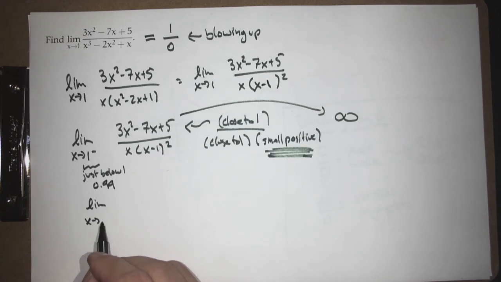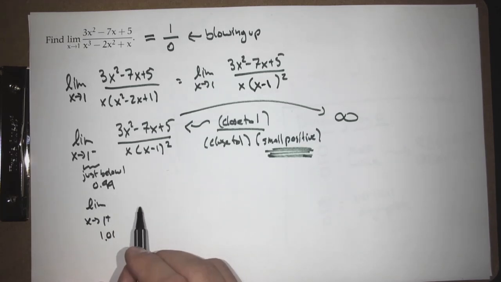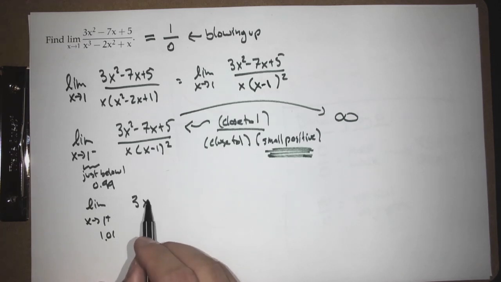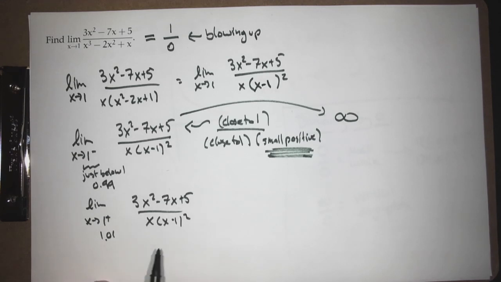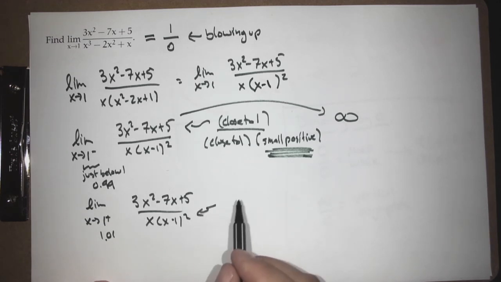Now if we approach from above, okay, so now think like 1.01. Well, what happens there? What do we get? The top is close to 1. X is close to 1. X minus 1 squared. What happens to that case?